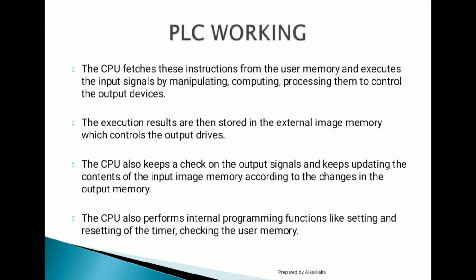It will run the program, and it will produce the signals according to the program to control the output devices. The results are then stored in the external image memory that we have already discussed. The results will be stored in external image memory in the form of bits, and these bits will control the output drives. It can be 1 or 0. 1 means it will switch on the output device, 0 means it will switch off the output device.